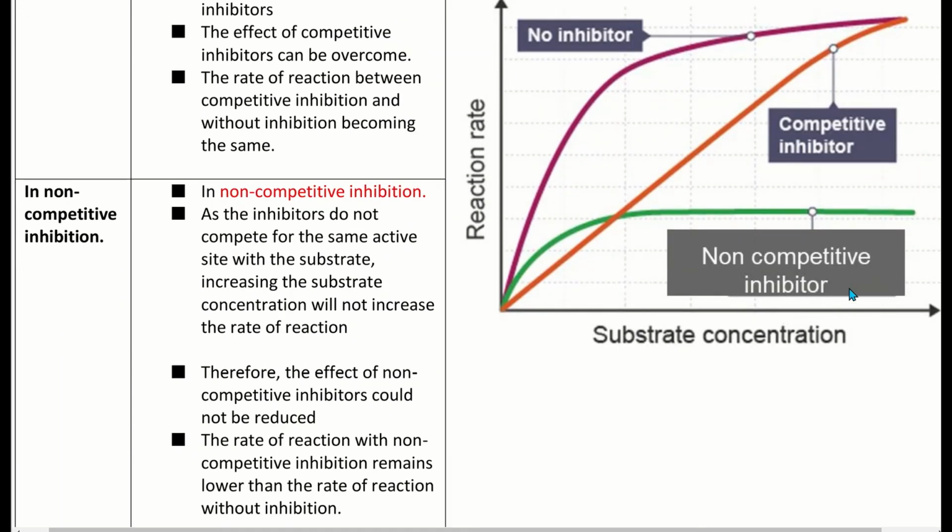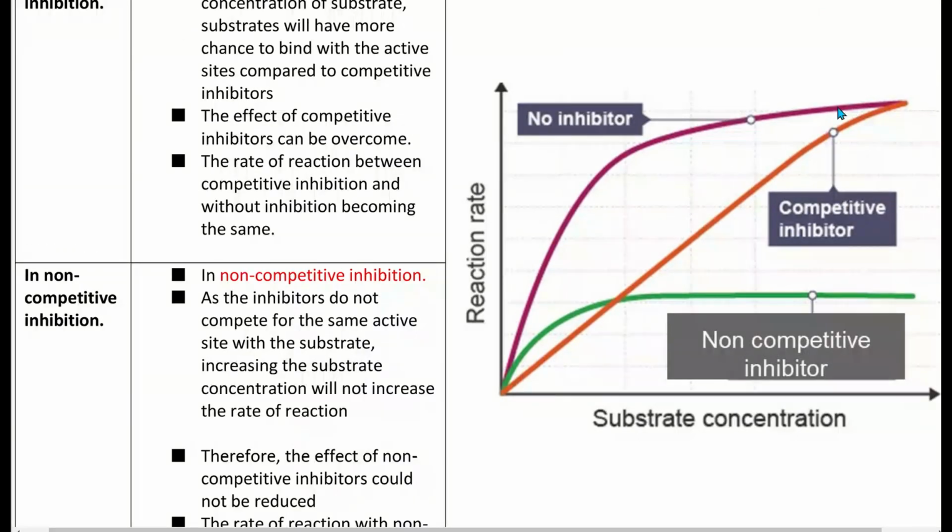Sebab non-competitive inhibitor ni bila dia bind dekat enzyme, enzyme tu dah tak boleh guna dah sekarang. Sebab bukan tak boleh guna in the sense dia rosak. Maksudnya substrate tak boleh bind to the active site. Okay, so maksudnya the rate of reaction tu akan paling maksimum is going to be somewhere lower than reaction yang tiada inhibitor.